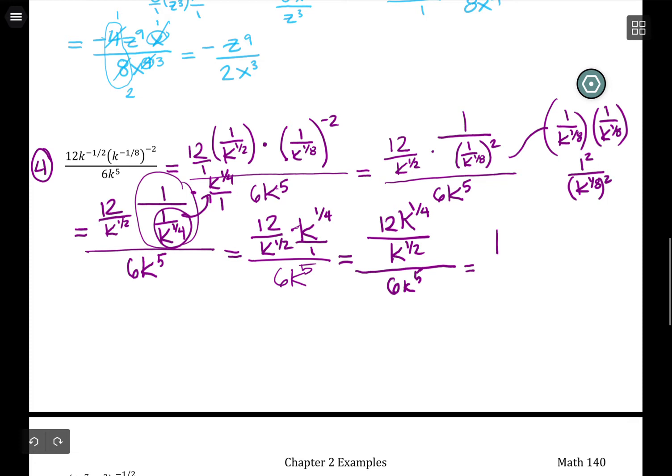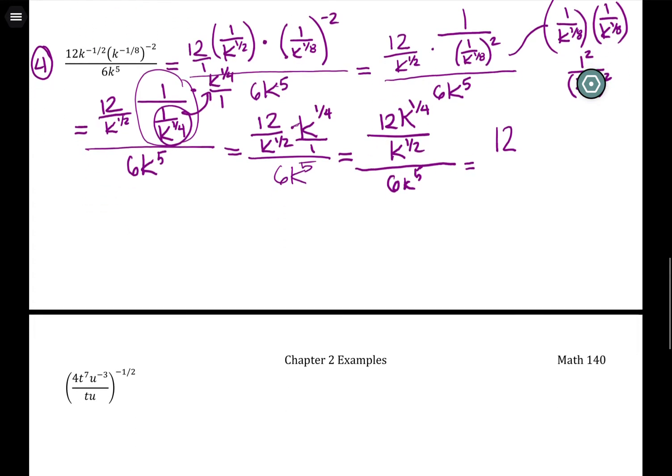So that's the same as k to the 1/4 minus 1/2. What do I want to do? 1/2 is the same as 2/4, so 1/4 minus 2/4 is negative 1/4 over 6k to the 5th.